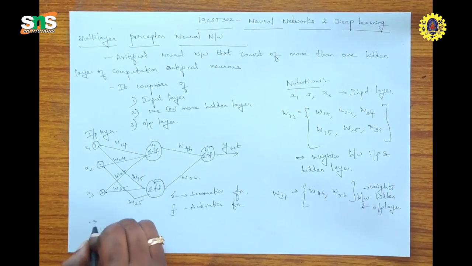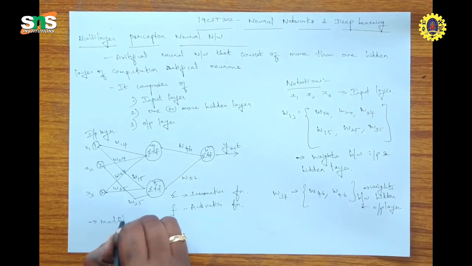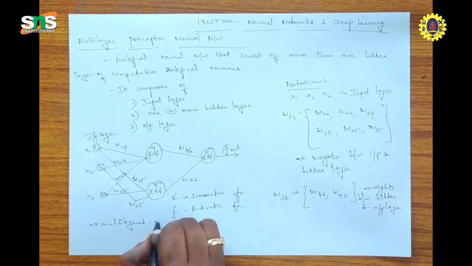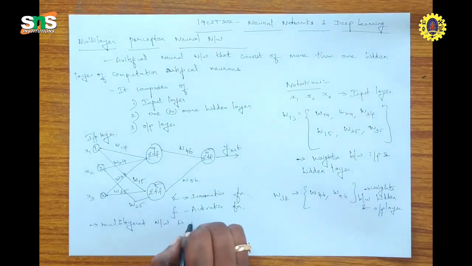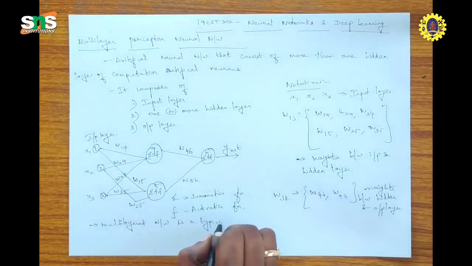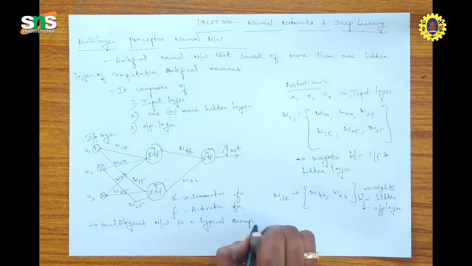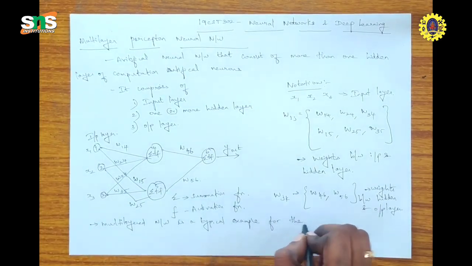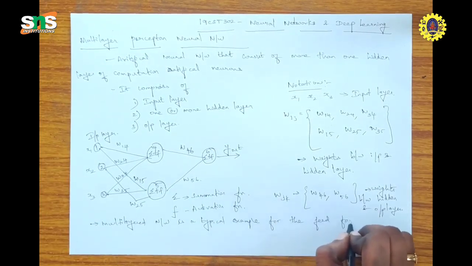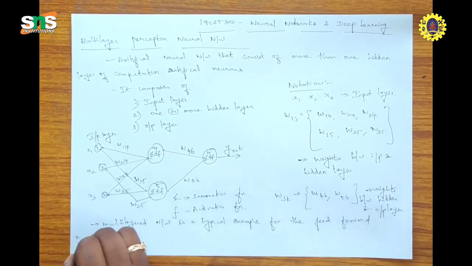So the multi-layer neural network is a typical and basic example of feed forward neural networks.